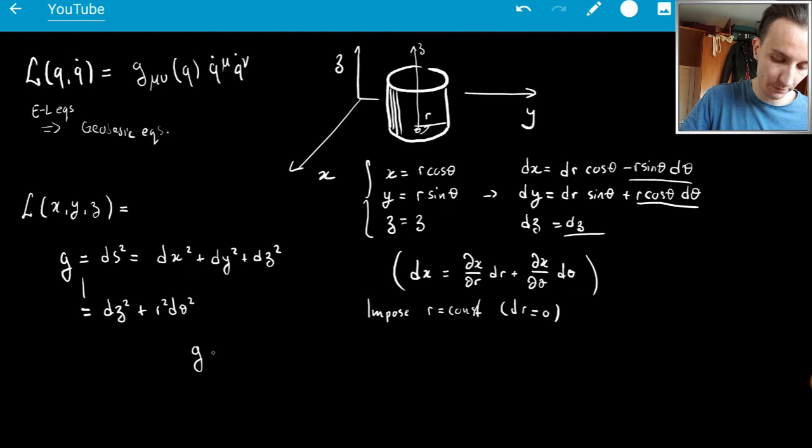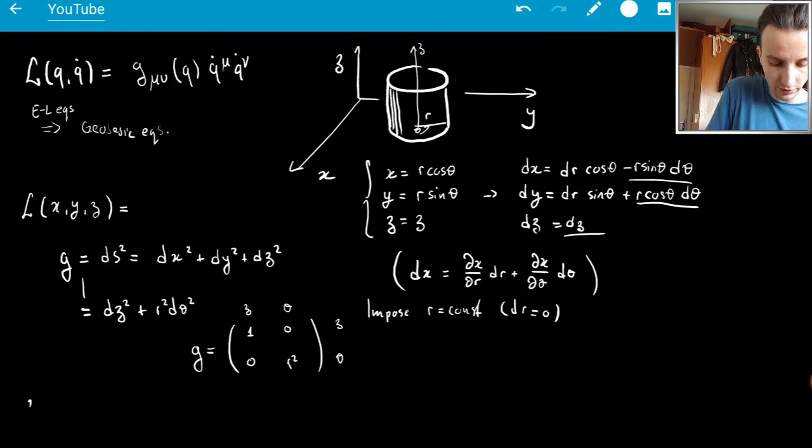So g is, if we write it in matrix form, although g is not a matrix, but okay. I guess this will be z and theta. So it will be 1, r squared, 0, 0.